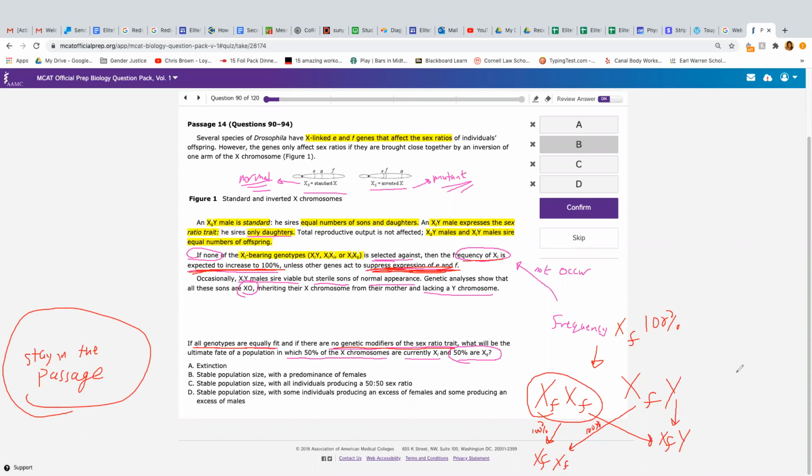The passage was about the consequences of a mutant X allele on the sex ratios. Specifically, the way in which males who had a specific X allele would produce offspring of different ratios depending on whether or not they had the mutant allele.